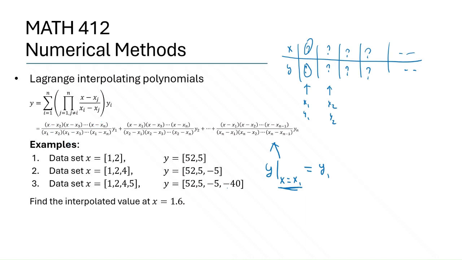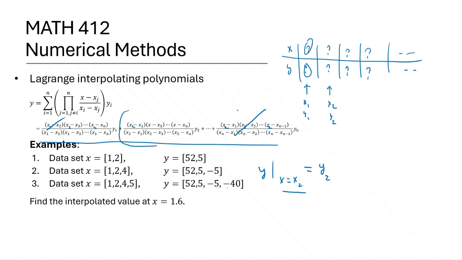And the same way for the second term, you evaluate at x equals x sub 2 and you get y2, no problem. Why? You replace x with x2, and you can see each other term will have x sub 2 minus x sub 2, so they disappear.